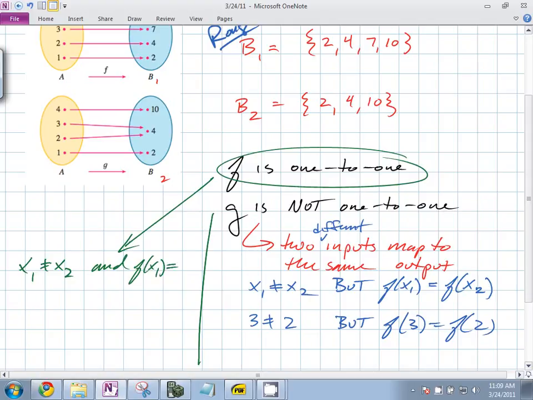And I'm going to put in a little cleanup here, and then I'll have it in the typed version. If x1 does not equal x2, then f of x1 does not equal f of x2. If you have two different x values, the y values have to be different.